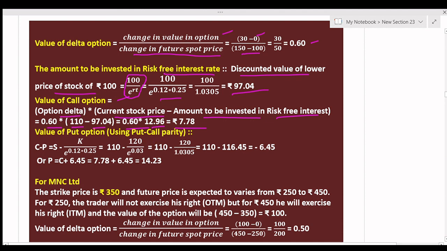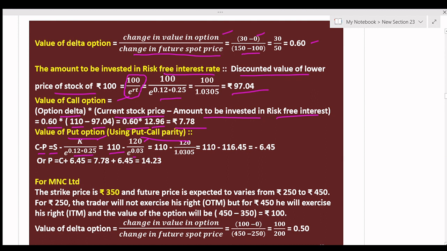Now, if you want to find out the put option value using the put-call parity theorem, C minus P is equal to S minus K by e to the power RT. S here is 110, 120 is the strike price K, divided by e to the power 0.03.